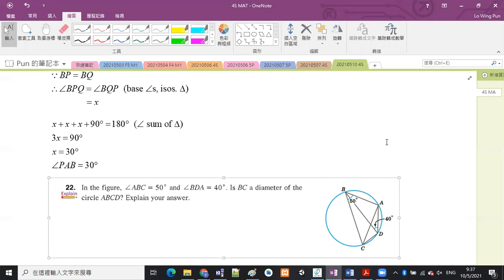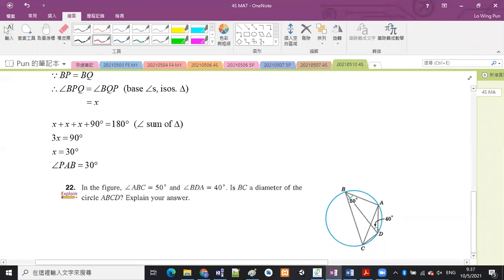But what we have now is a 40 degrees here. 40 degrees is an angle at circumference, so this 40 degrees is looking at this arc AB. You see this arc AB? And then there is another angle at circumference, also looking at the same arc, which is angle ACD.